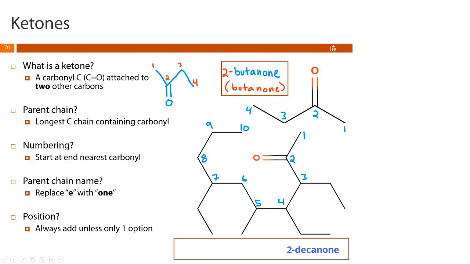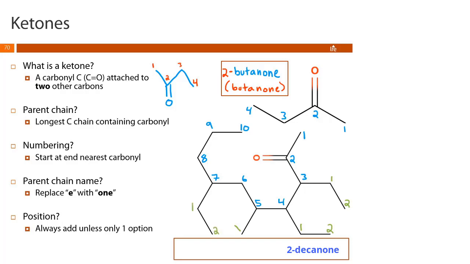And now let's see what kind of substituents we have. So to make this easy, we'll go ahead and number the carbons on each substituent. So this substituent at carbon 3 has 2 carbons. The substituent at carbon 4 also has 2 carbons. The substituent at carbon 5 only has 1. And the substituent at carbon 7 also has 2.